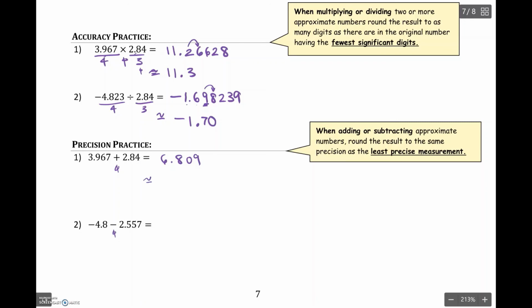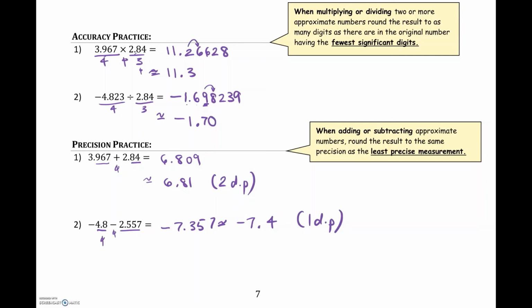Okay, this goes to 3 decimal places, that goes to 2, so 2 is less, so we go to 6.81 to 2 decimal places. Again, second example here, the answer is negative 7.357. Again, this has 1 decimal place, so we have to round to 1. So it's approximately negative 7.4, and that's to 1 decimal place.